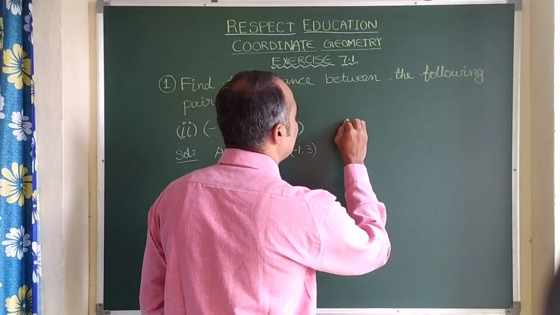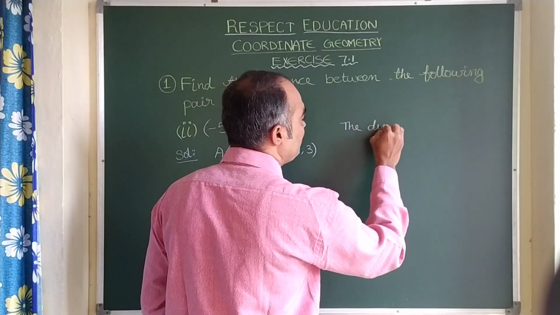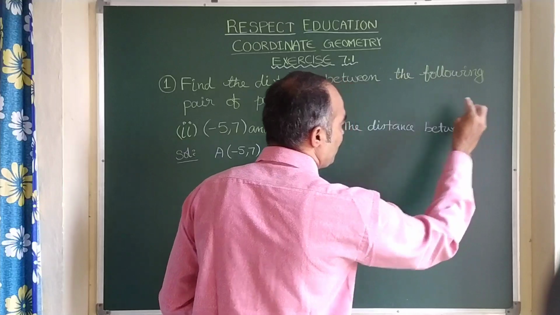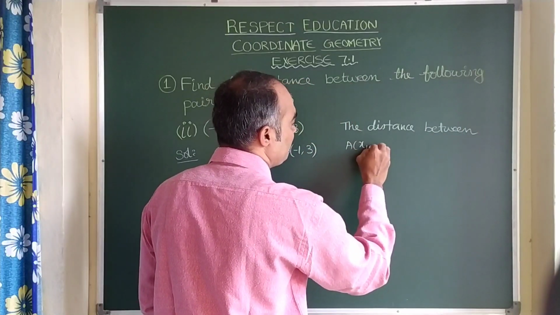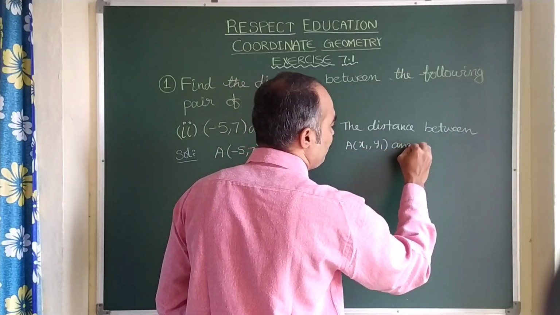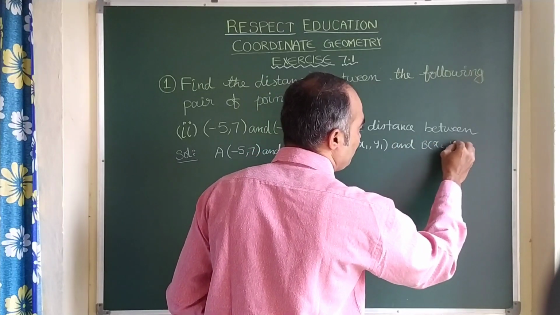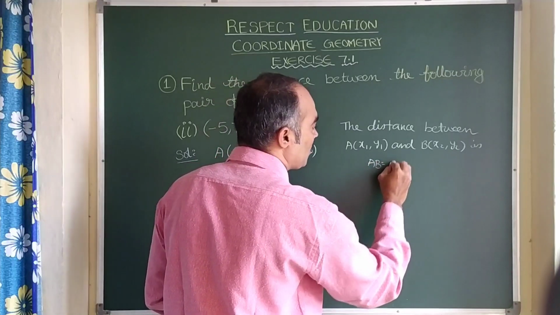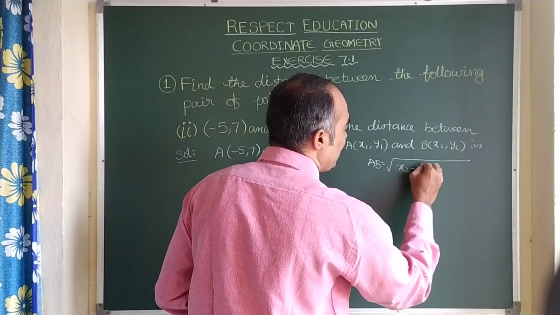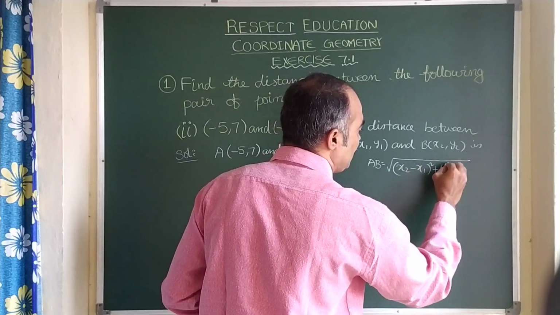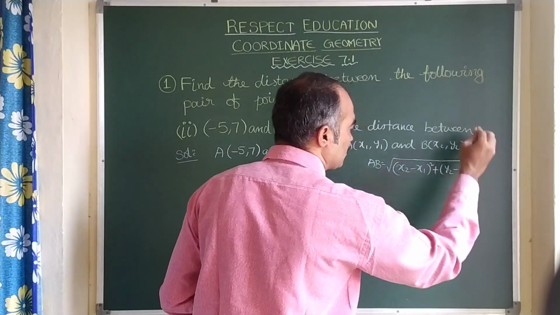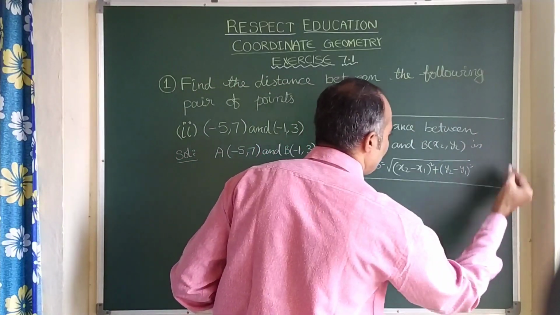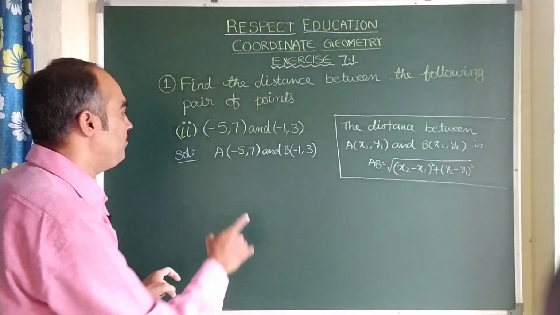Now already we know the distance between A (x1, y1) and B (x2, y2) is AB equal to under root x2 minus x1 whole square plus y2 minus y1 whole square. This is the suitable formula for this problem. By using that formula, we are going to solve it.